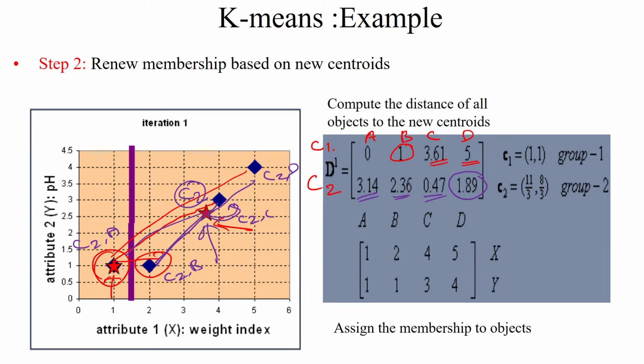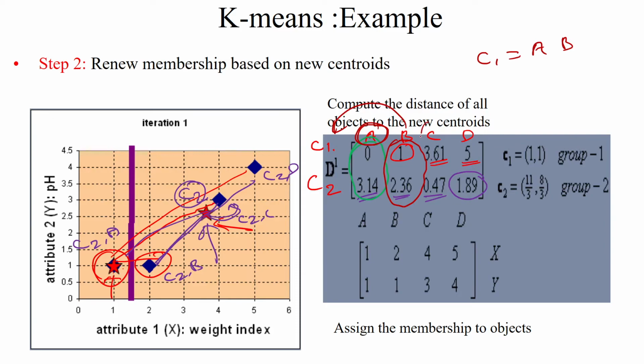Among these values, look at 0 comma 3.14: 0 is the lowest value, so data point A is assigned to cluster 1. Then 1 comma 2.36: 1 is the minimum value, so B is assigned to cluster 1.